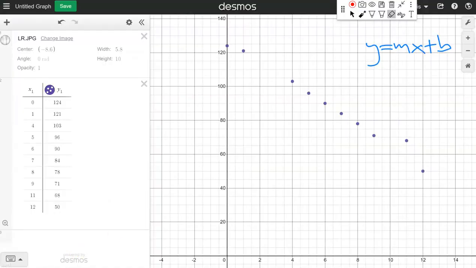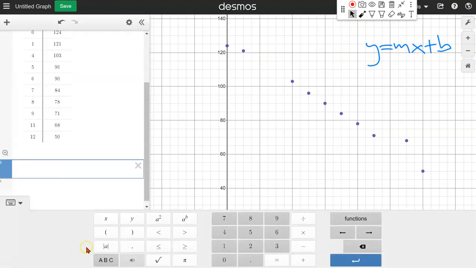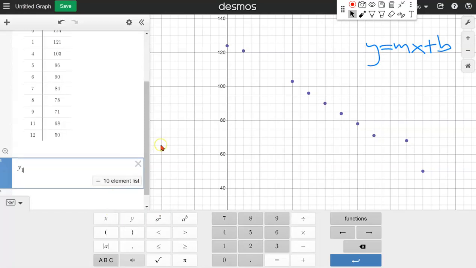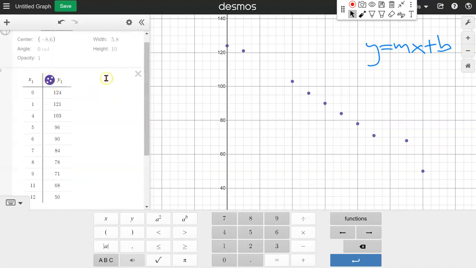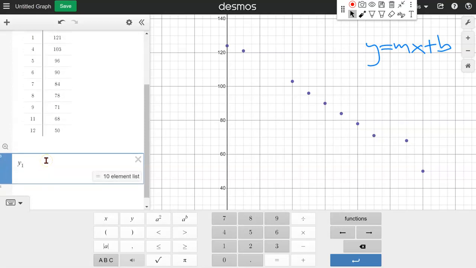All you have to do here, click below the table and then type y subscript 1, because we want to use this y1 here. So type y1 tilde, it's next to 1 on your keyboard. So look for this key.